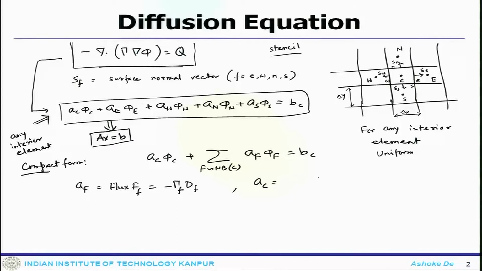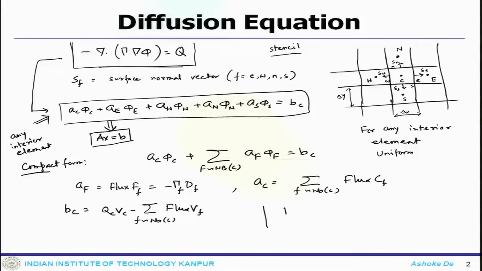AC was the summation over all the faces small f of the flux, and BC is QC times the volume minus the summation over all the small faces of flux BF, and capital F in all these stands for east, west, north, south.